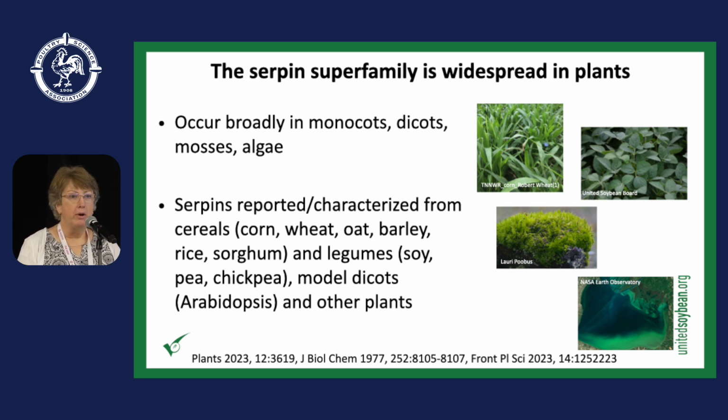They've been better characterized from some of the row crops and from model plants like Arabidopsis. If you think back to all the different kinds of genes that are present in plants for proteases, the serine proteases are a significant amount of those, and that could account for why these serine protease inhibitors are also pretty widespread in plants.